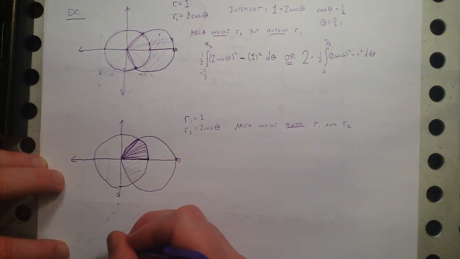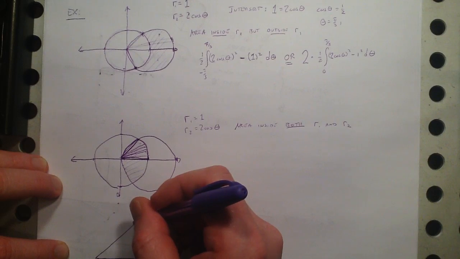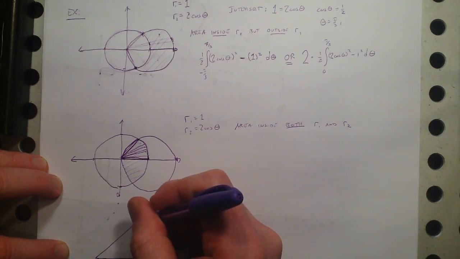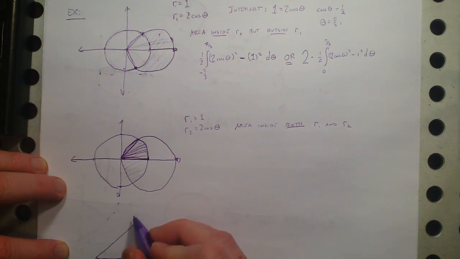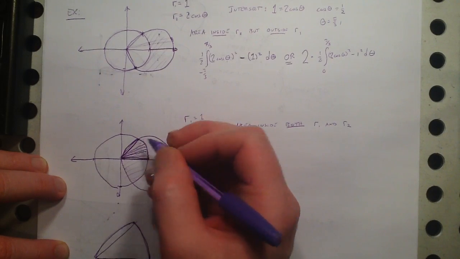Let me just draw that region. I'm going to blow that up a little bit here. Geez, that doesn't look like pi over 3, does it? But you get the idea. And then there's a sort of bump up here from the other curve, right?